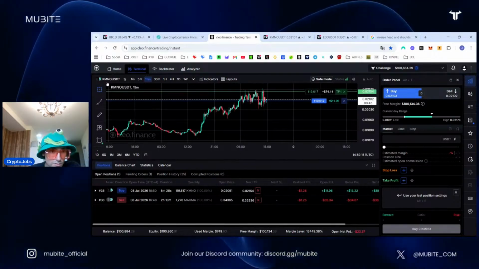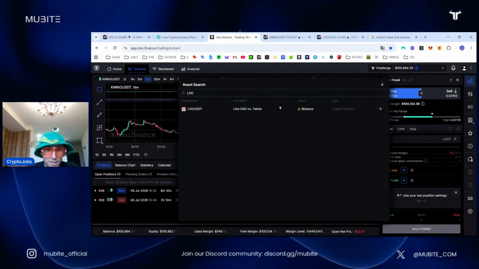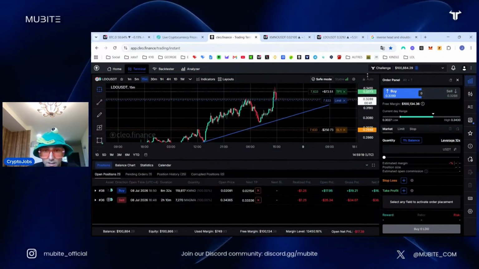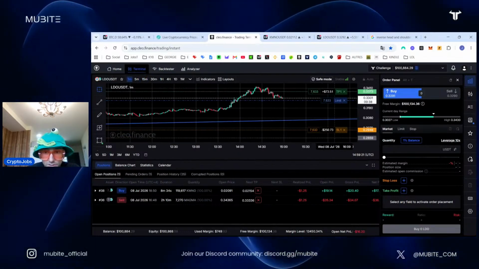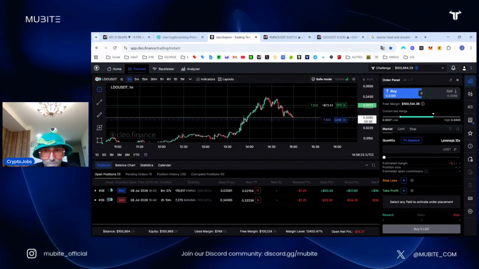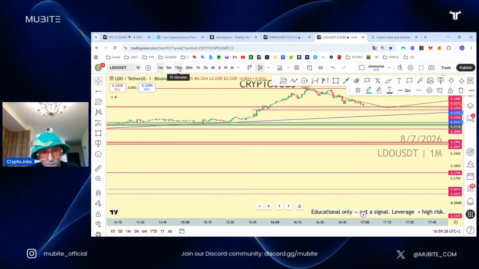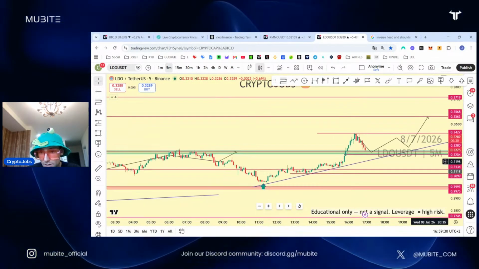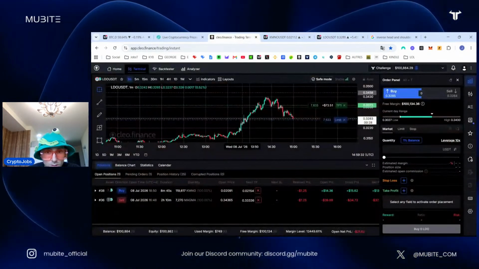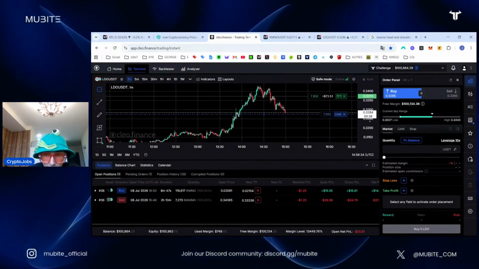Okay, so I see LDO is retracing. Oh, it almost tested my entry. You see why it's important to wait? Exactly as I said, it's not because it's green that the price is not going to dump. It's not going to retrace. So you see LDO, yes, almost at my entry.